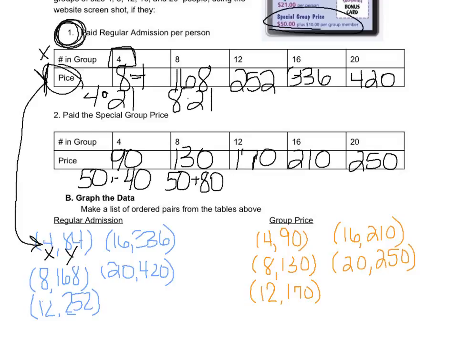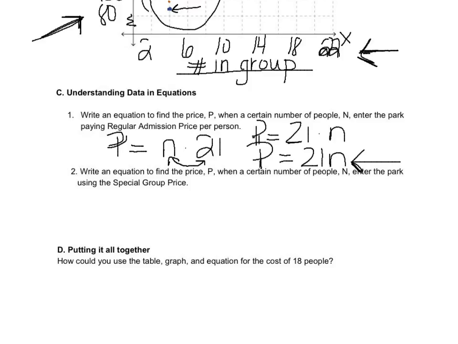So let's put that into an equation now, where our price is equal to the $50 that gets paid to the park plus $10 times how many people enter the park.